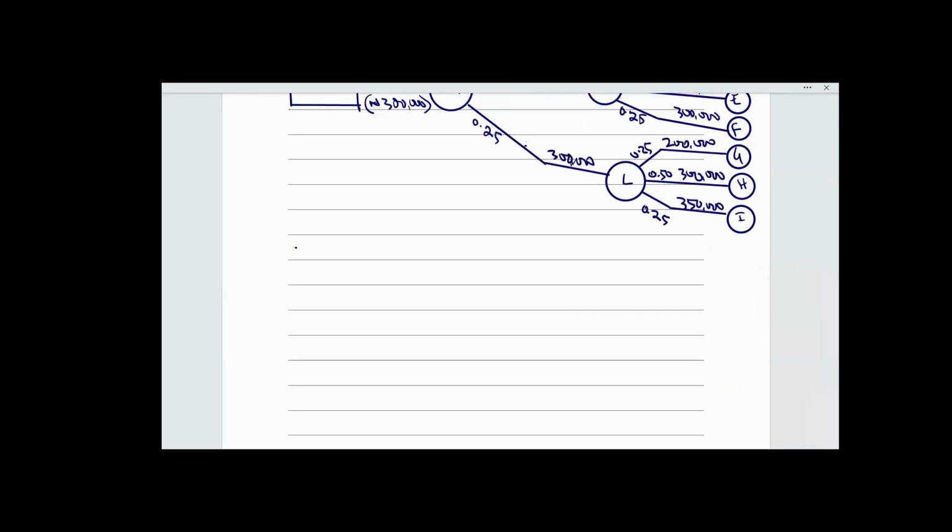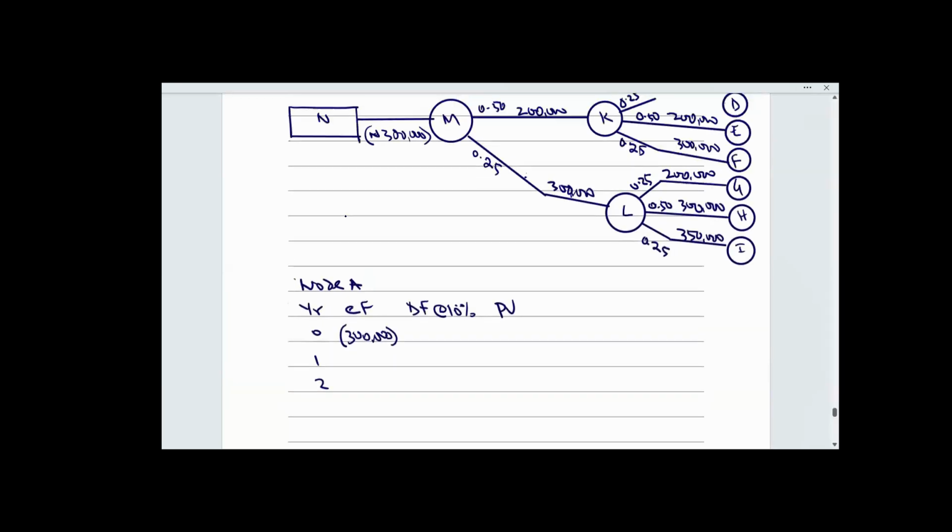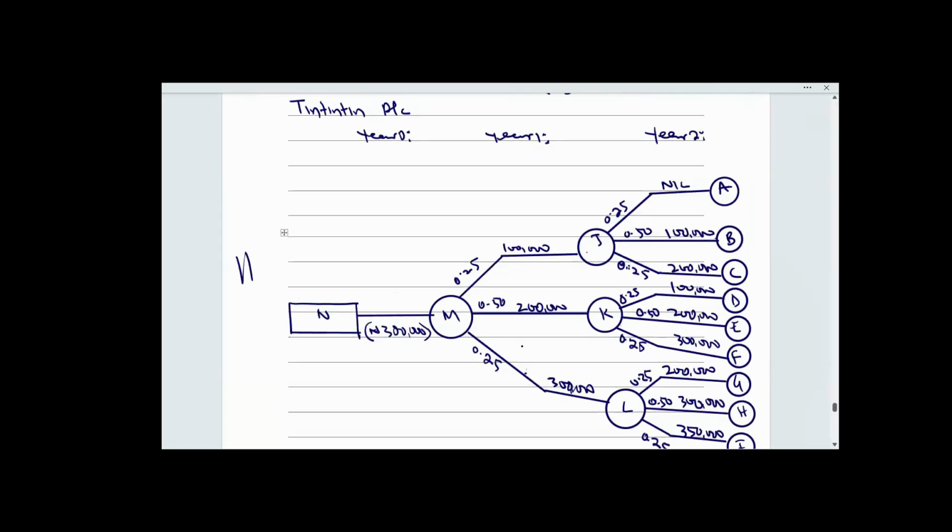So we need to calculate NPV for node A. For node A, create a column for year, cash flow, discount factor at 10%, then present value. Year 0, 1, and 2. Cash flow in year 0 is 300,000. Here is node A. Trace node A to year 1.